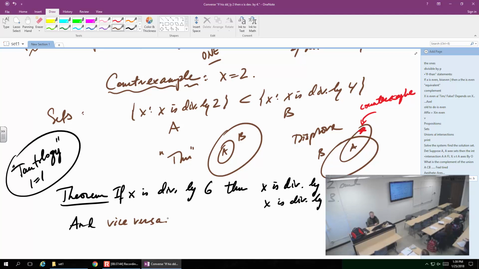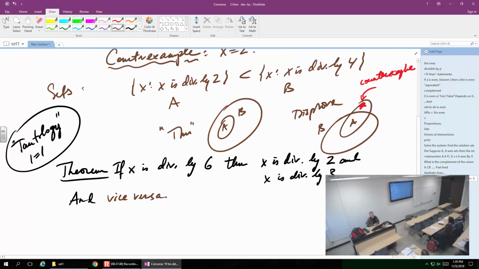Okay, so once again, let's look at this a little bit in terms of sets. So x divisible by 6 is this set, on one hand.